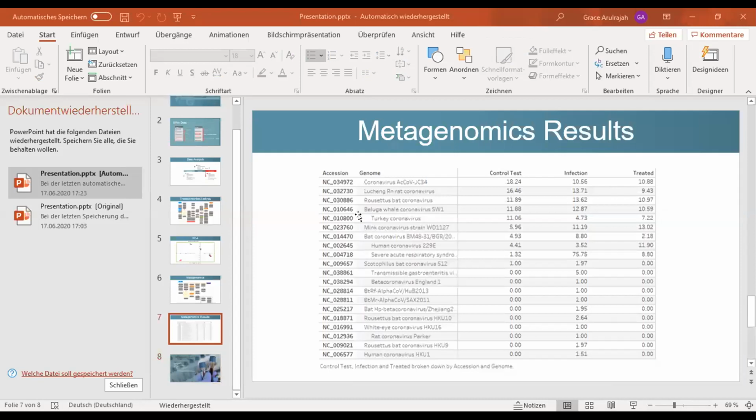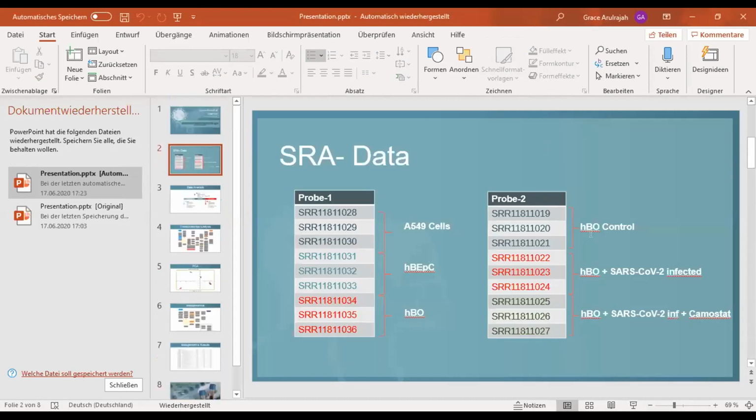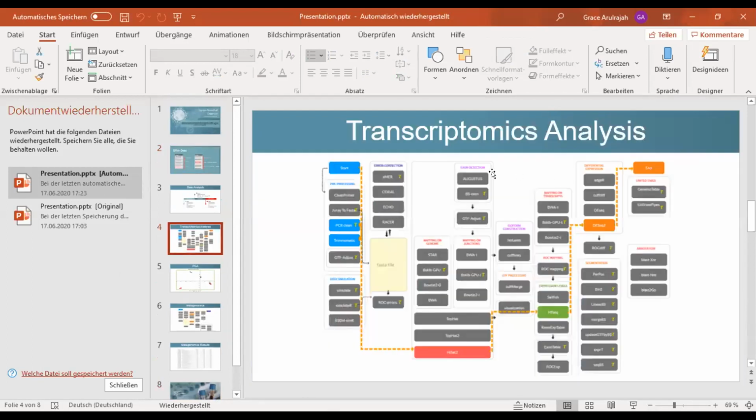In my pipeline, I put probe 1 and probe 2 all together, and I grouped them into two different groups and ran the pipeline.